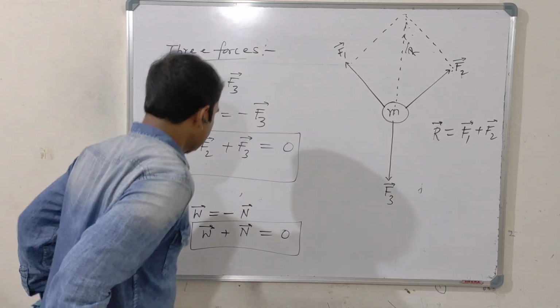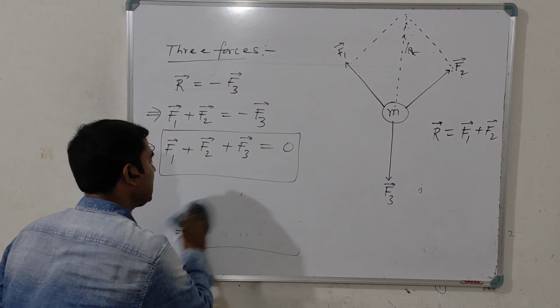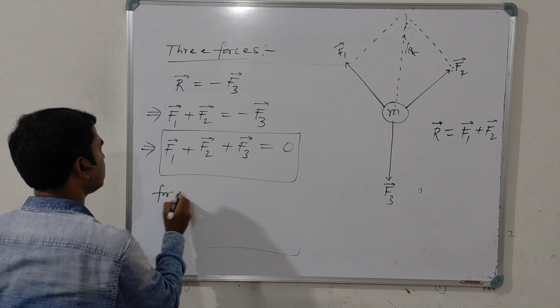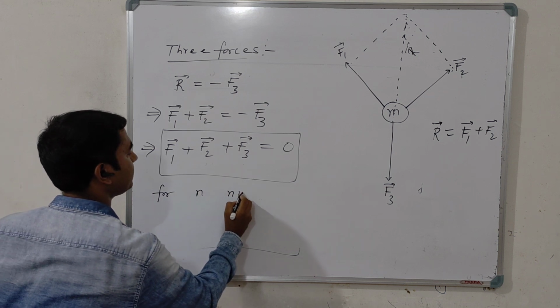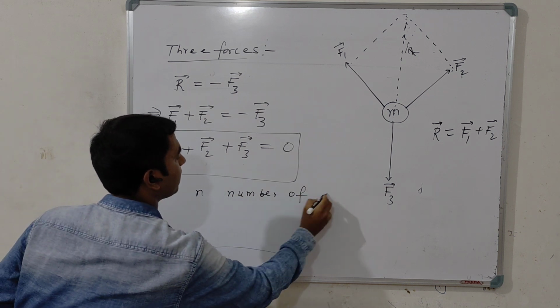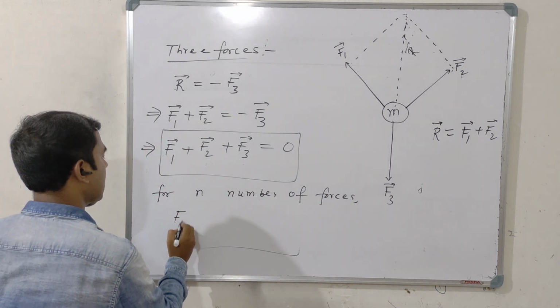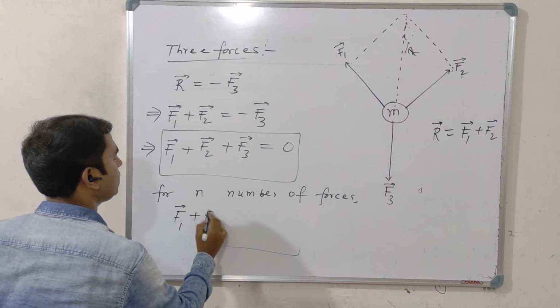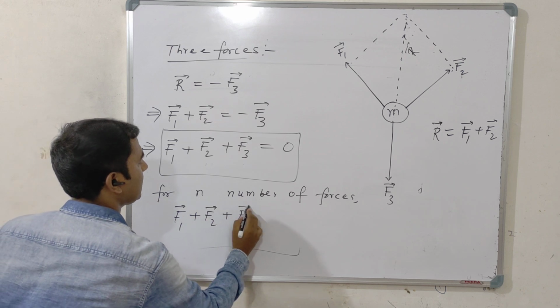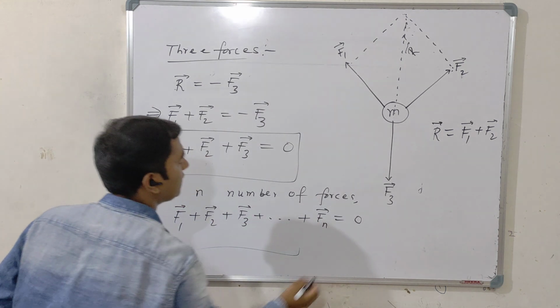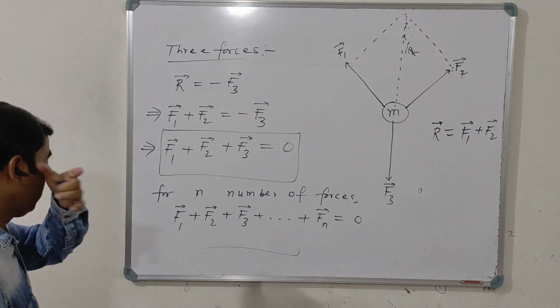Similarly, for n number of forces, F1 vector plus F2 vector plus F3 vector plus up to Fn vector equal to 0, then M will be in equilibrium.